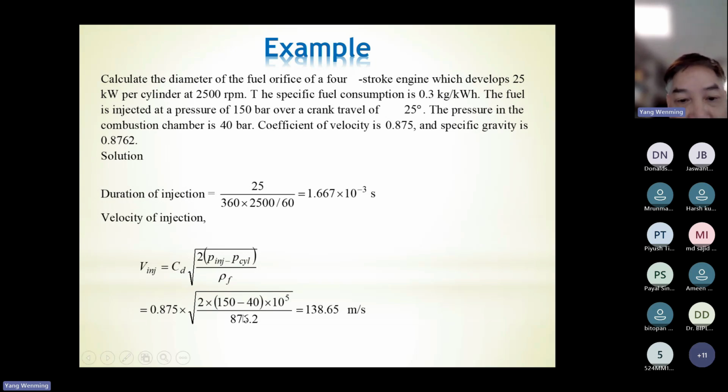That's why we multiply by 10 to the power of 5, because we changed the unit from bar to Pascal. So we find the fuel injection velocity is 138.65 meters per second. If you don't change this, the value will be very small, only 1.17 meters per second.